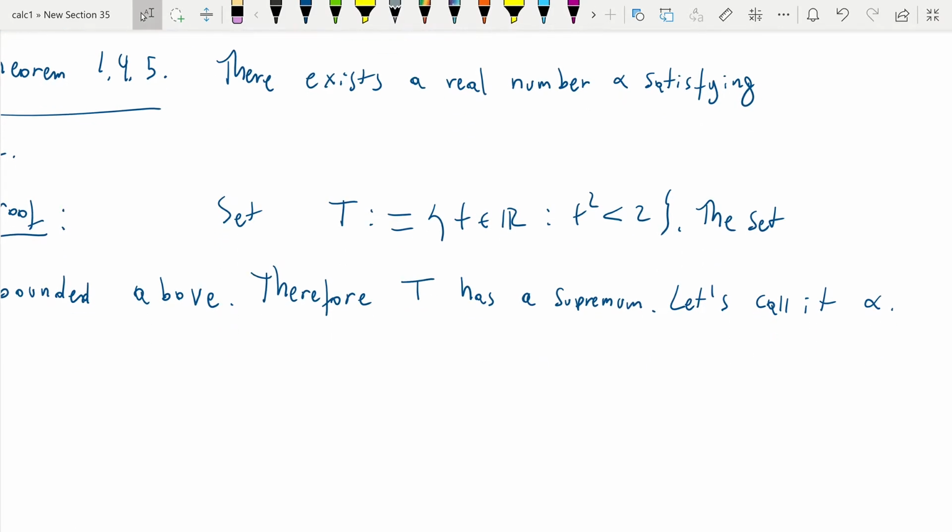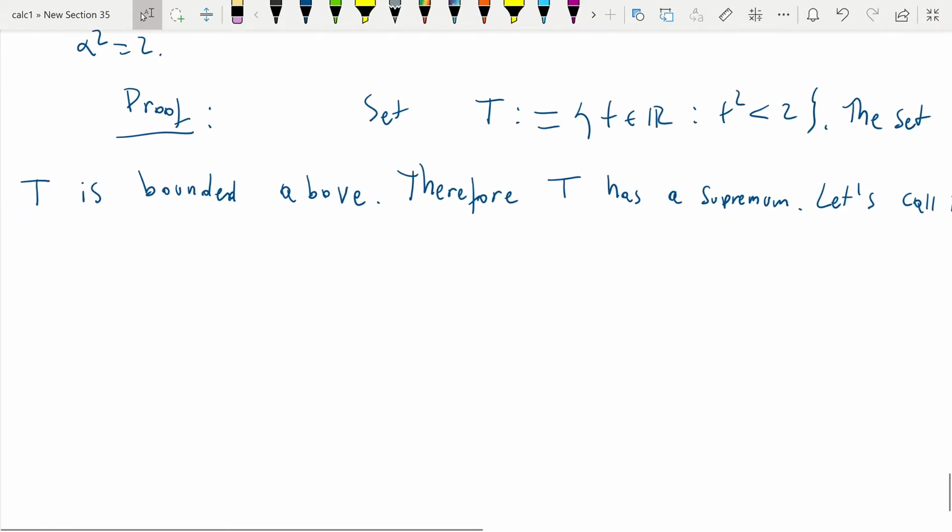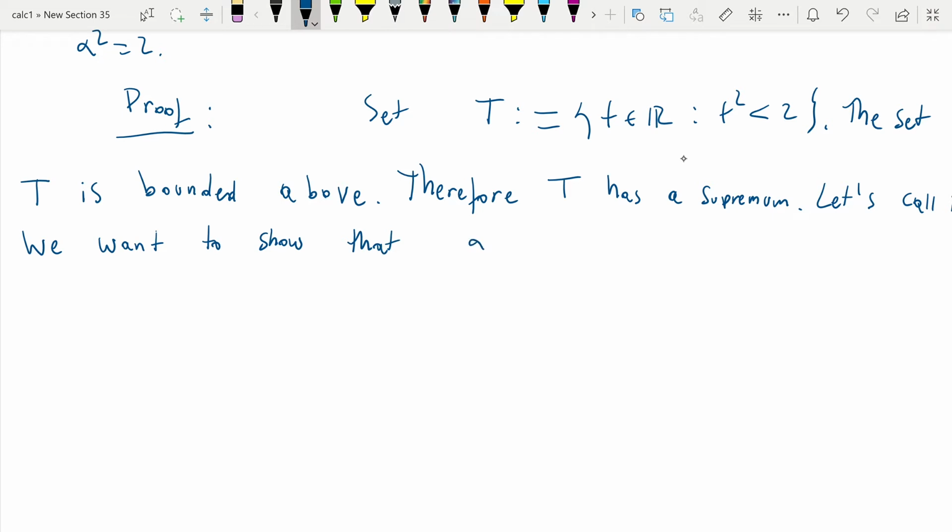So let's call it alpha, and what we want to show is that alpha squared is equal to 2.